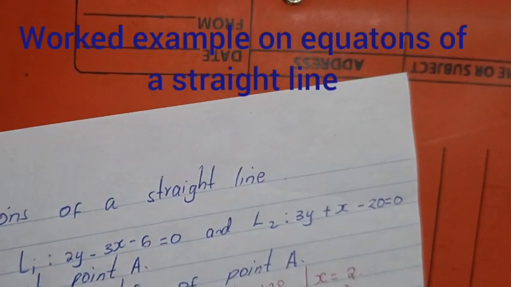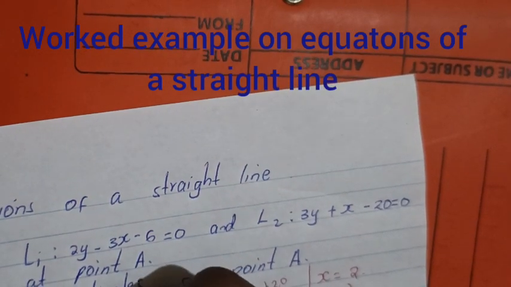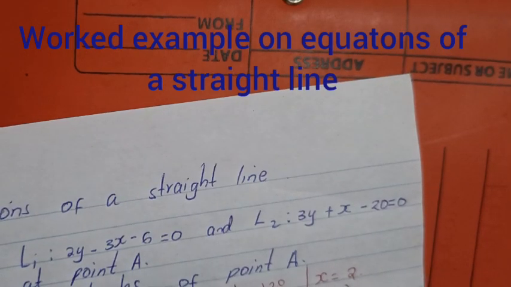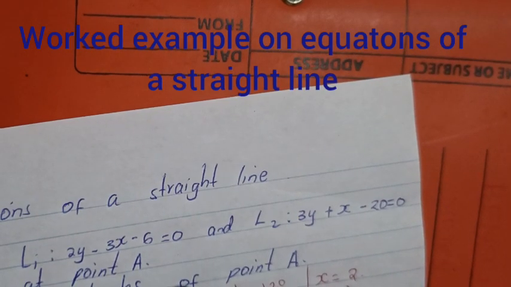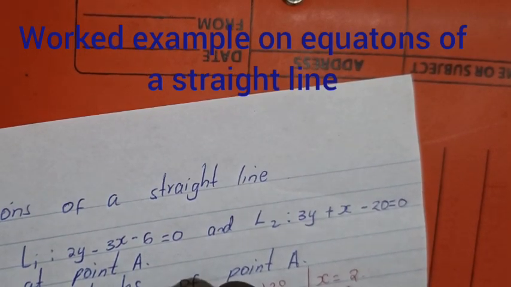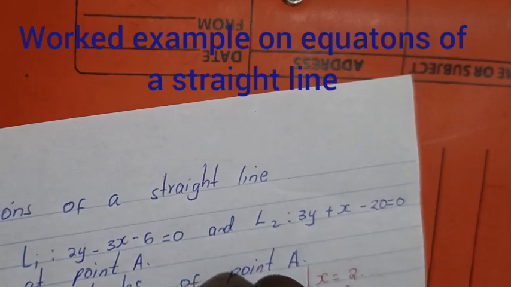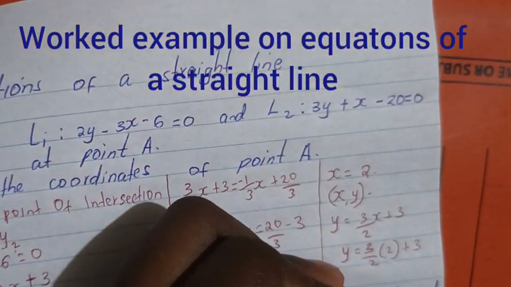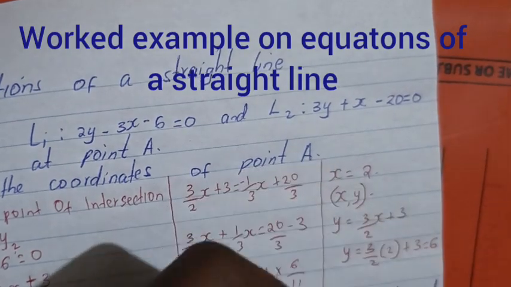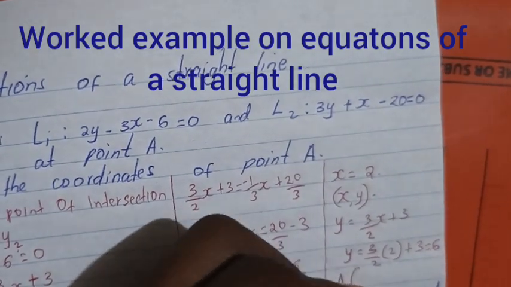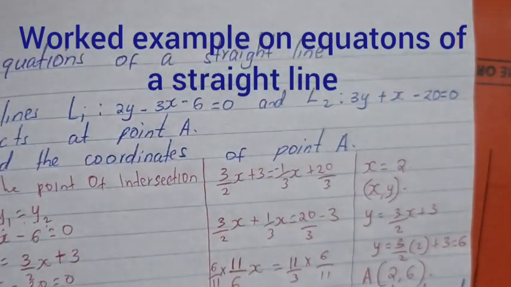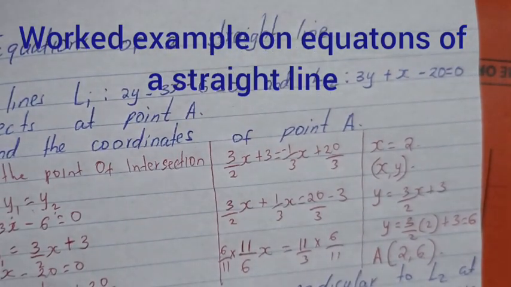We can take the first equation, which says 3 over 2x plus 3, then replace x with 2. That will be 3 over 2 into 2 plus 3, and that means the value of y is equal to 6. Therefore, A is (2, 6). Those are the coordinates of A.